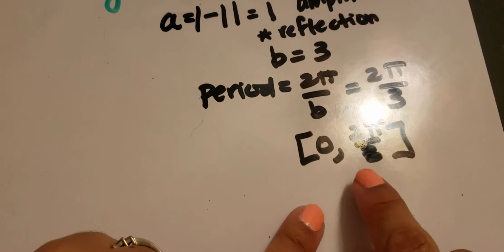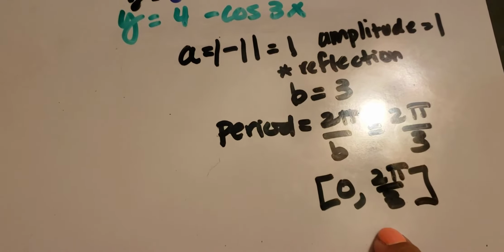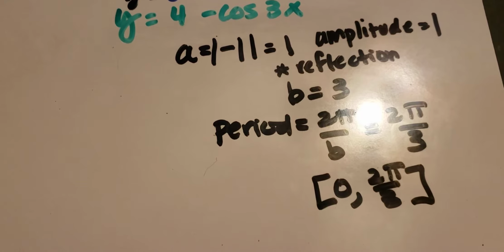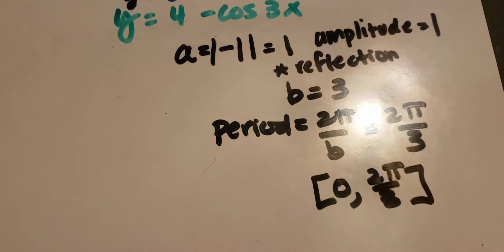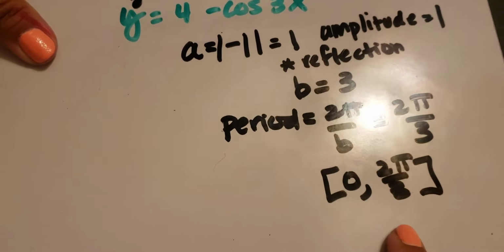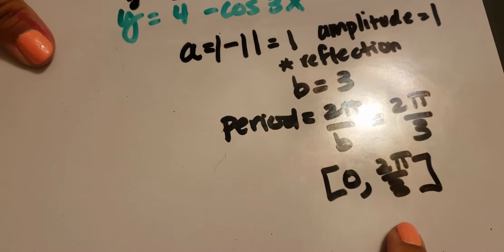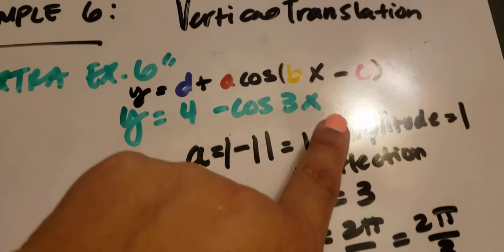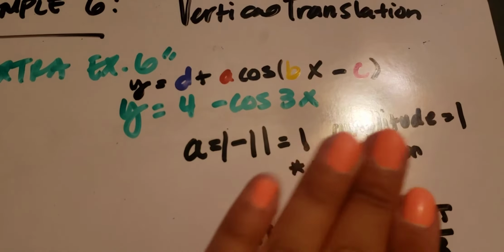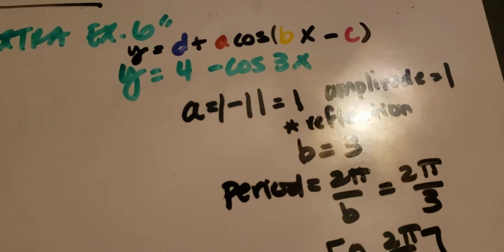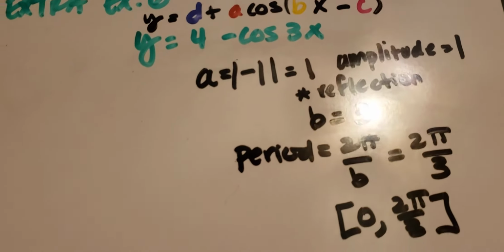This gives you 1 full period, so if you want 2 full periods, you just keep going. By the way, there's no C, so it doesn't get shifted left or right. We'll talk about the D in a minute.